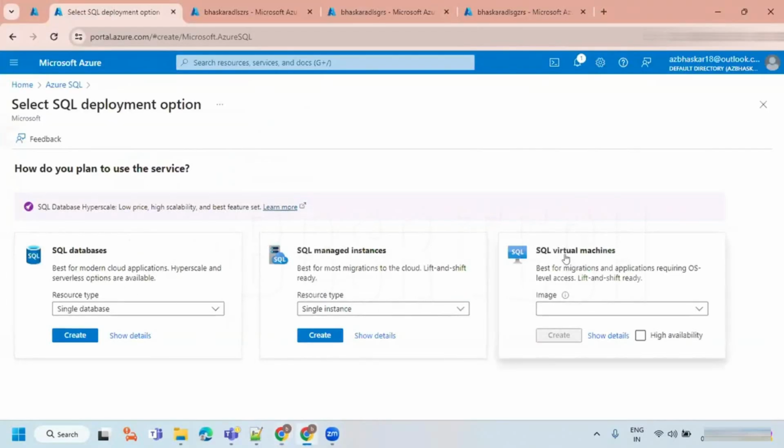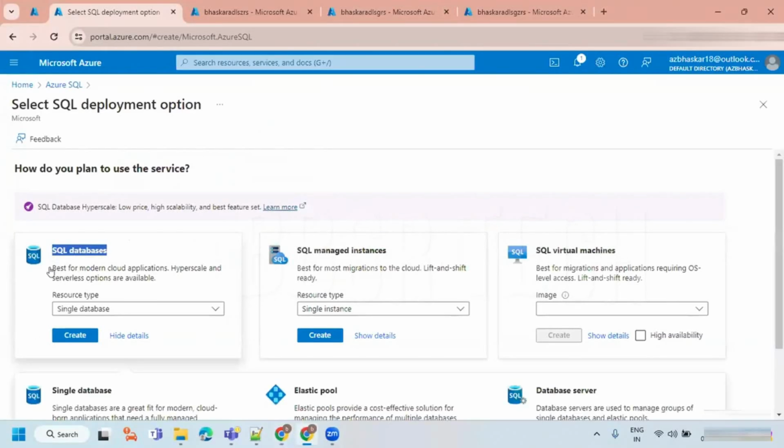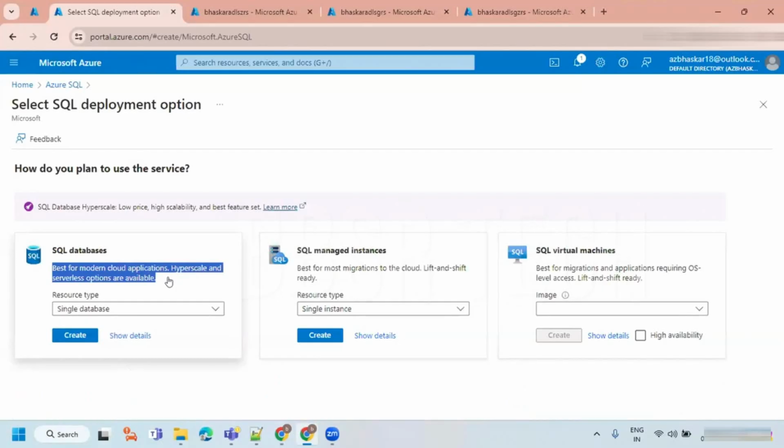You can see here SQL virtual machines. SQL databases are best for modern cloud applications; hyperscale and serverless options are available. If you want to increase the compute, you can increase it, and if you want to decrease it, you can decrease it. Even serverless compute we are having as part of this.